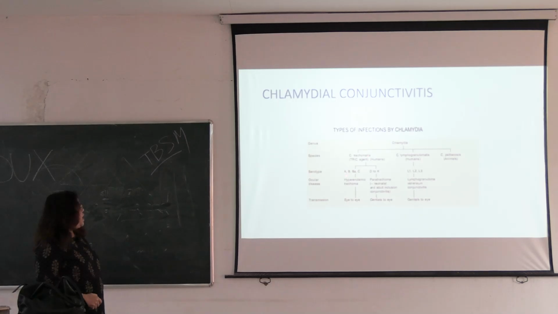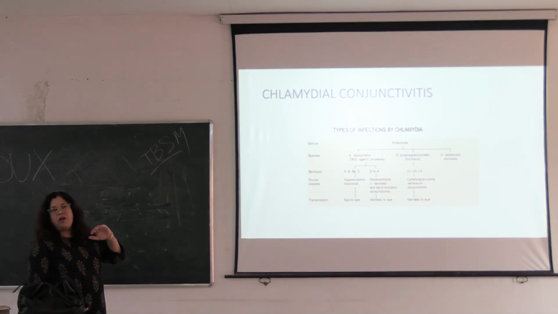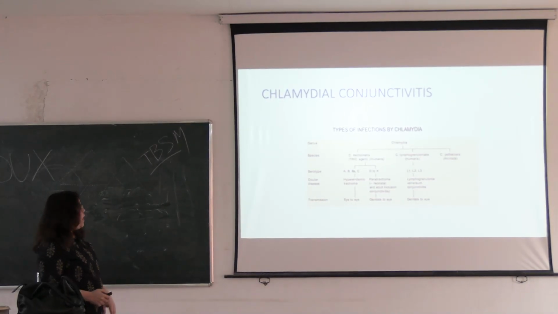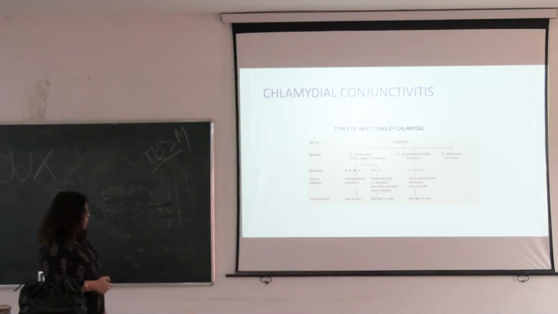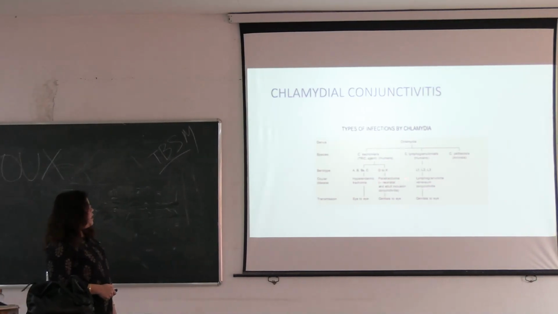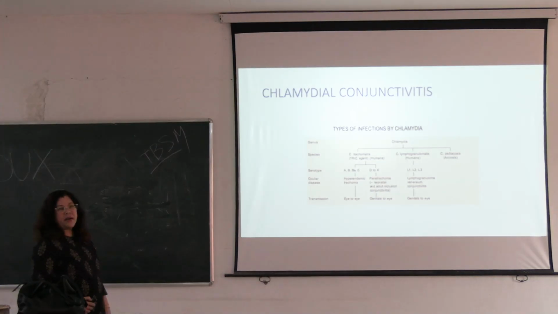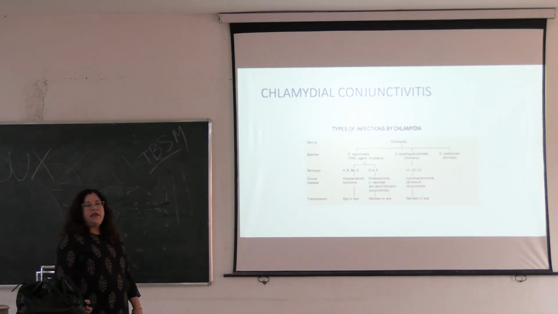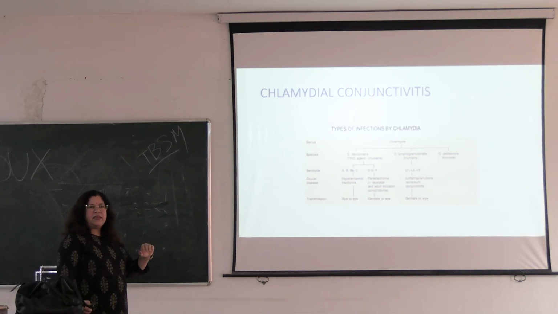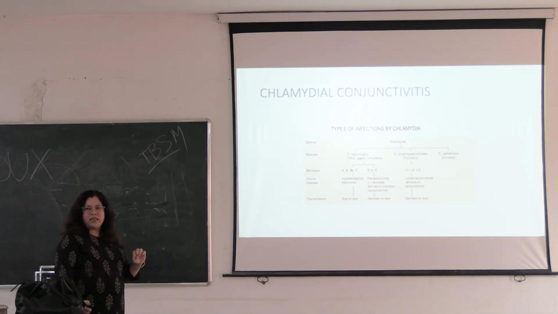So, serotypes A, B, Ba and C cause the endemic form of trachoma. And serotypes D to K cause paratrachoma. It causes inclusion conjunctivitis. In adults, it causes adult inclusion conjunctivitis, and in neonates, it causes neonatal inclusion conjunctivitis.